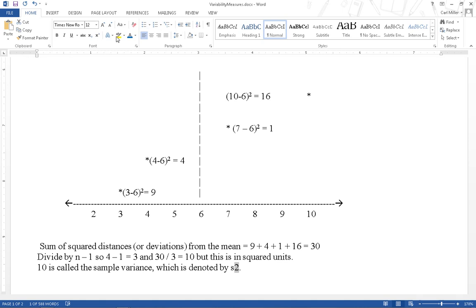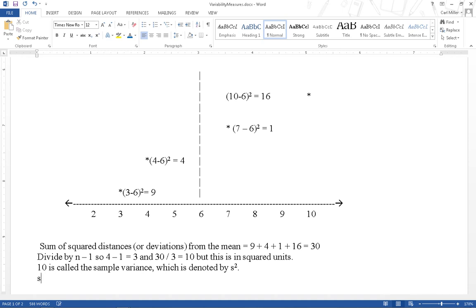Okay, so s squared is the sample variance, and that is 10. But what I really want is back in linear units, so that when I talk about the mean being in feet, then my measure of variability is not in feet squared, like an area of a carpet, how much carpet you need to lay down in a room, but rather is also in linear fashion, just one-dimensional.